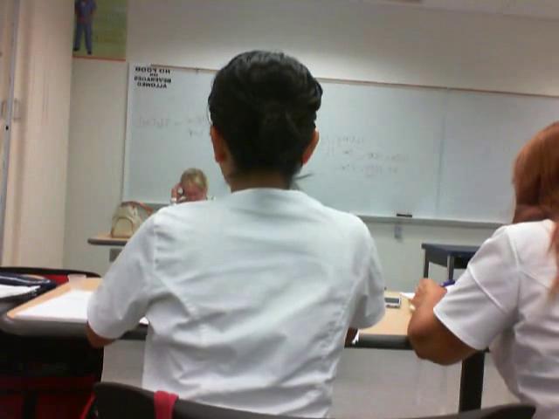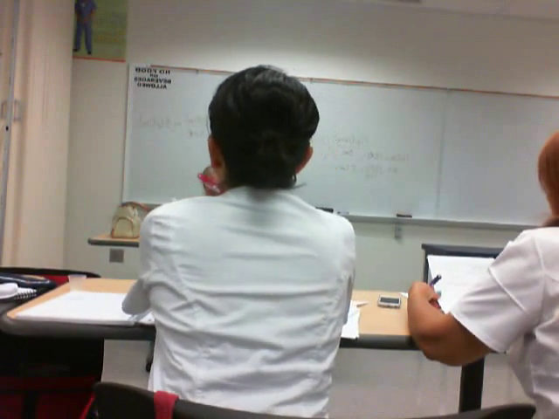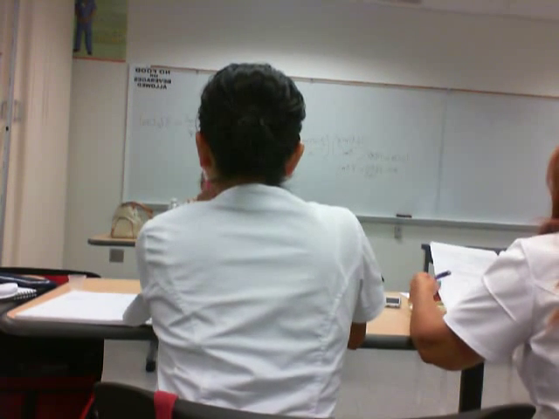So how many milliliters should you give? 12.5. Everyone agree with that? Patient weighs 70 kilos. How many pounds is that? 154. You're just taking the 70 and multiplying it by 2.2.